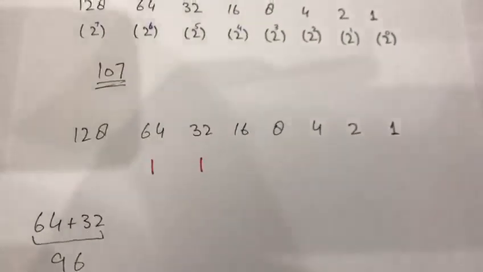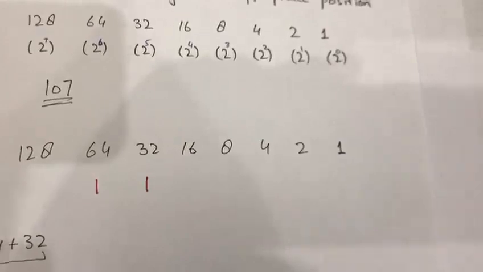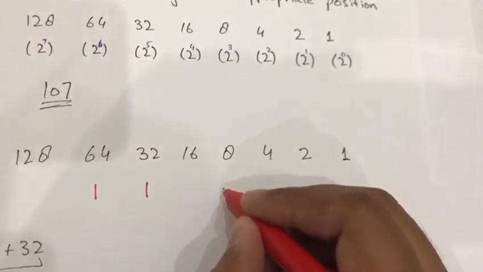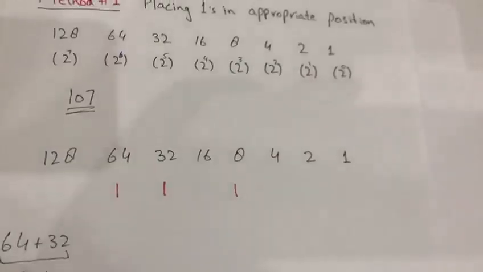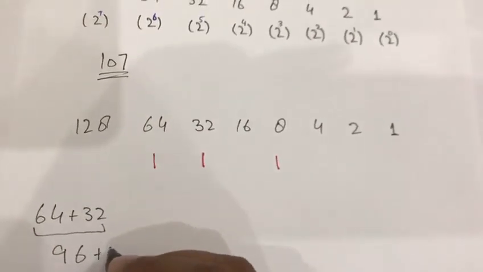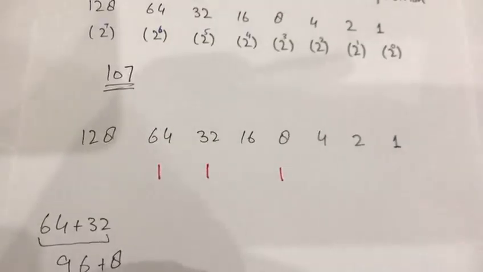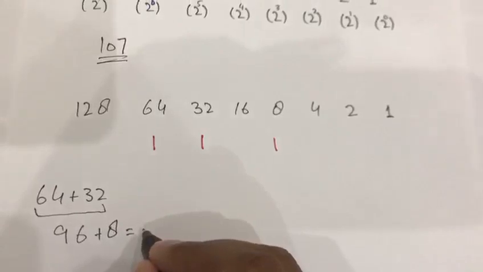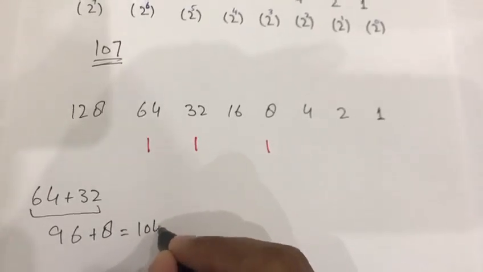So we have to turn more bits on. Now it would be 8. By adding 96 to 8, it would be 104.